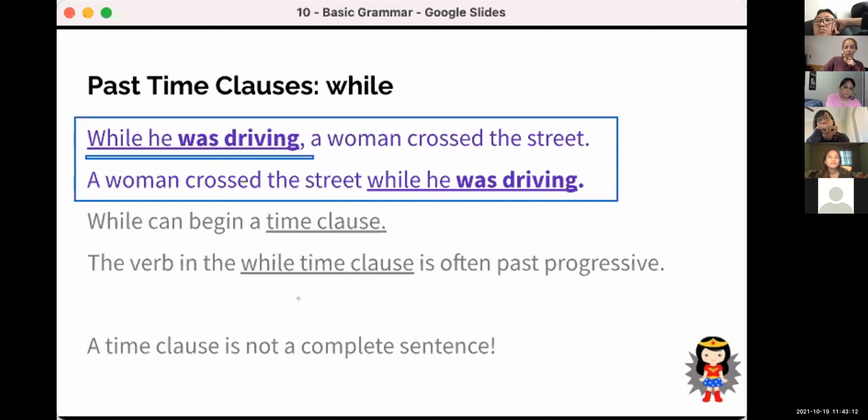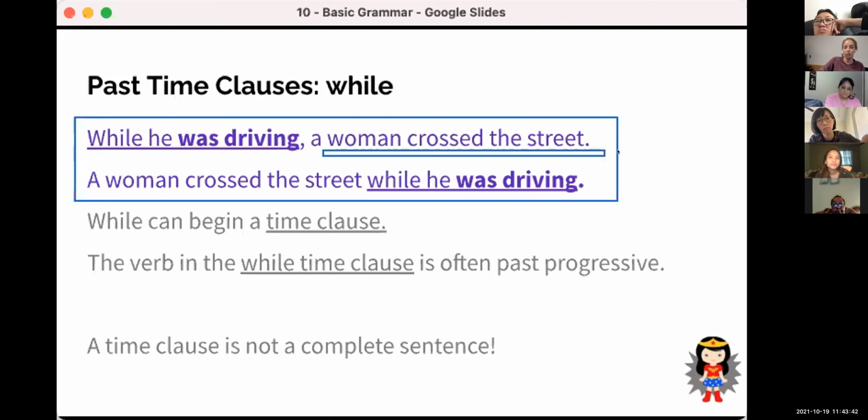A time clause, because it gives us information about time. In the time clause, our verb is going to be in the past progressive. In this sentence, the time clause shows that continuous action that is interrupted by something else. A woman crossed the street is in the simple past form.